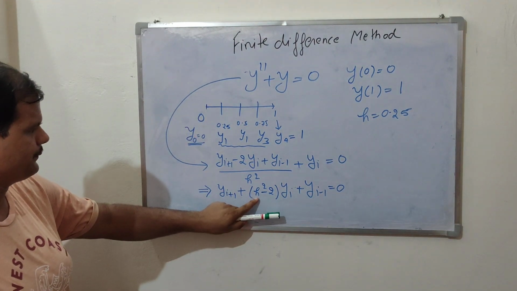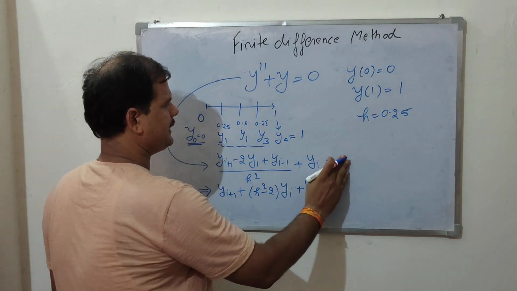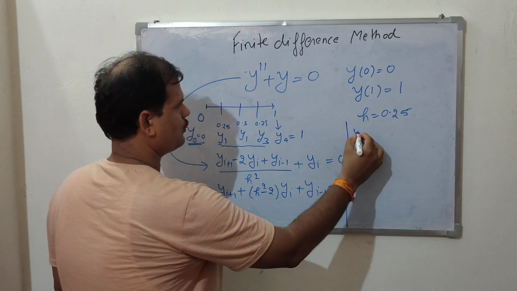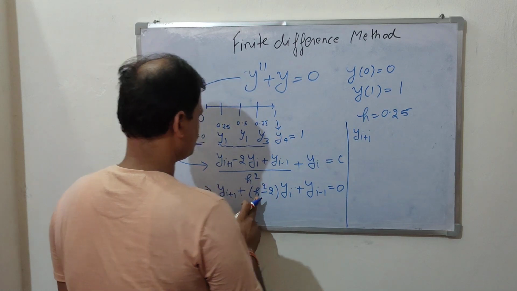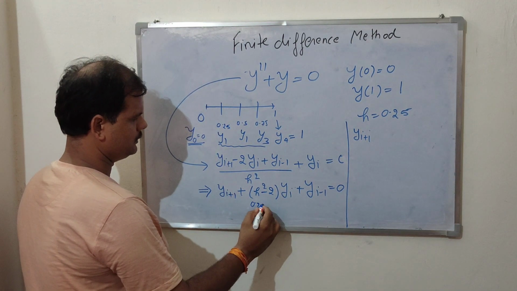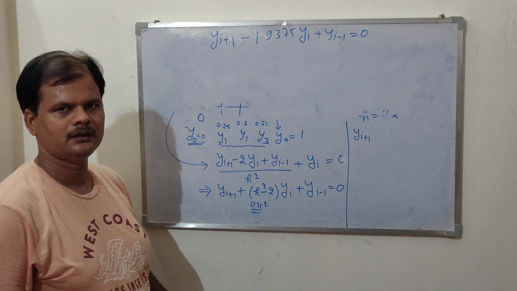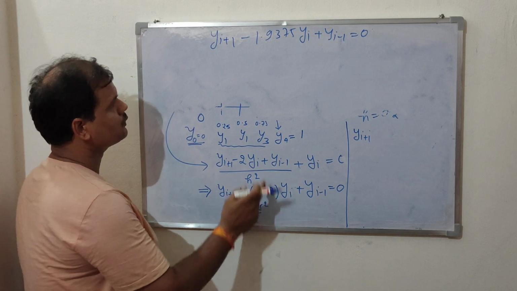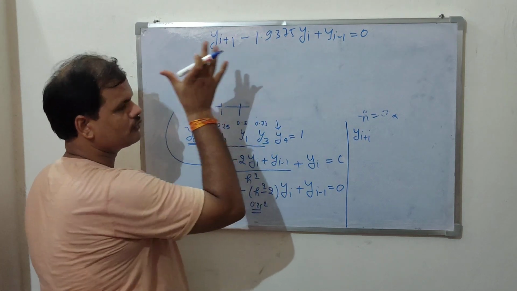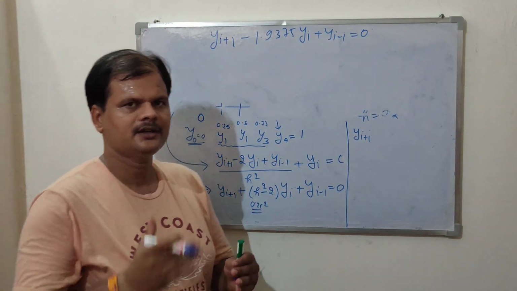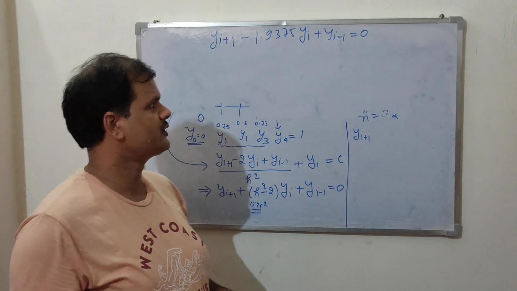Since h equal to 0.25 is fixed, h square is 0.25 square, so we get y_{i+1} minus 1.9375 y_i plus y_{i-1} equal to 0. So now your differential equation is converted into the difference equation using this finite difference approximation.